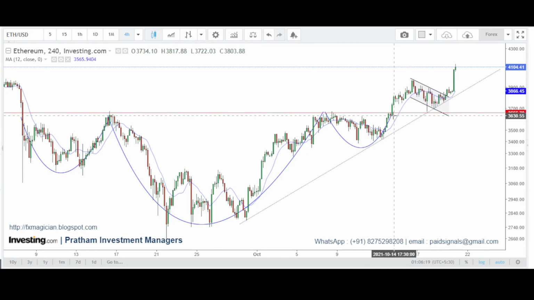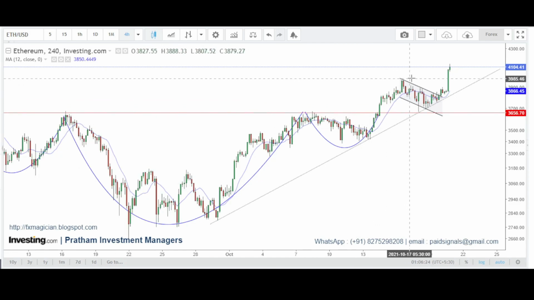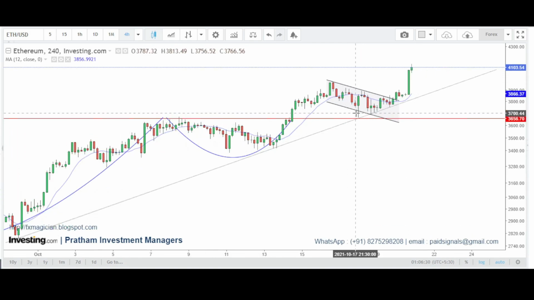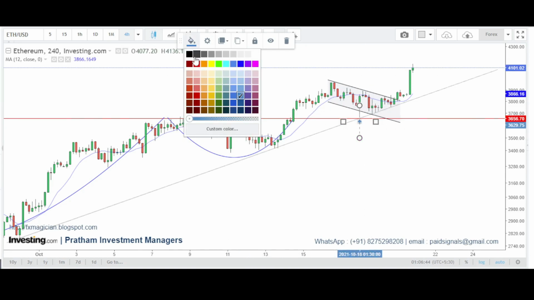This formation has already given a breakout above the neckline, and then it has come back to retest the breakout level. We can see it has tried this 2 times, and both times it took support around the neckline area or the support of the trend line.